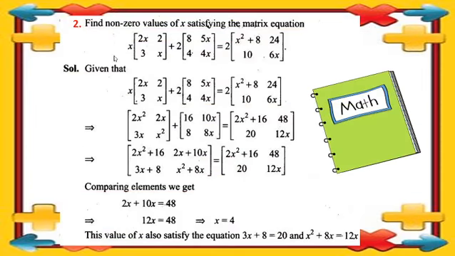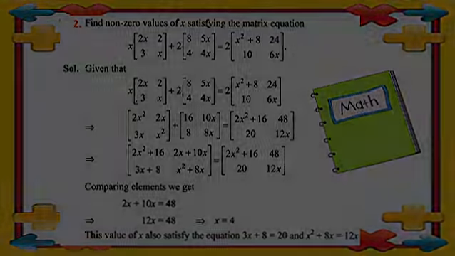Question number 2. Find non-zero values of x satisfying the matrix equation. Here this matrix equation is given. We know very well how to multiply a number with the entire matrix. Then we have to add these two matrices and then equate with the matrix written on the right side and solve and get the value of x.